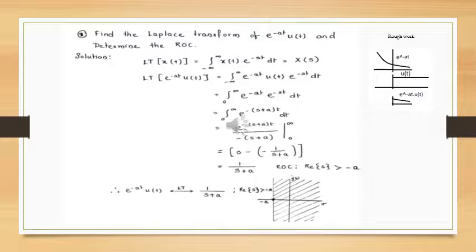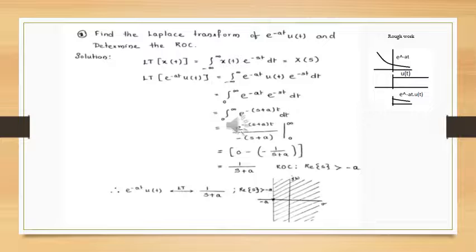Now, we know that u of t is valid only from 0 to infinity. u of t has a value equal to 1 from 0 to infinity, and for negative t, u of t is equal to 0.